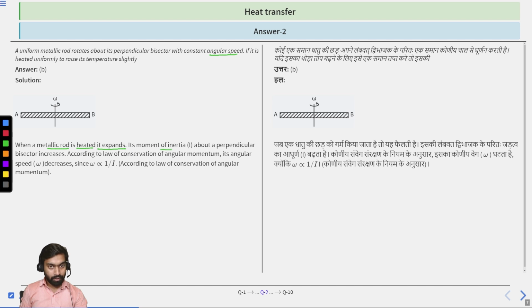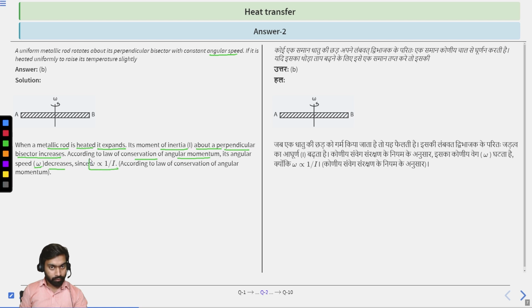Its moment of inertia I about a perpendicular bisector increases. It means if this rod is heated, the rod expands, and the moment of inertia of this rod about a perpendicular bisector increases.